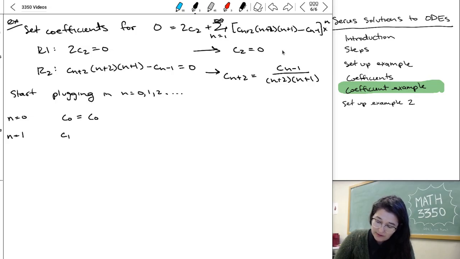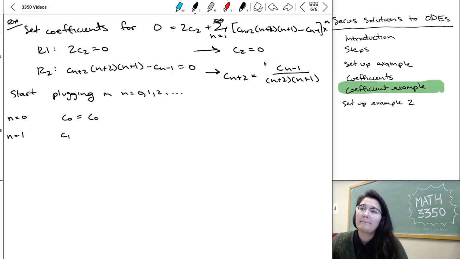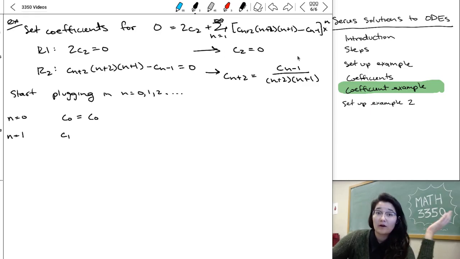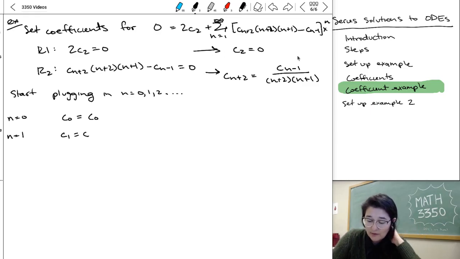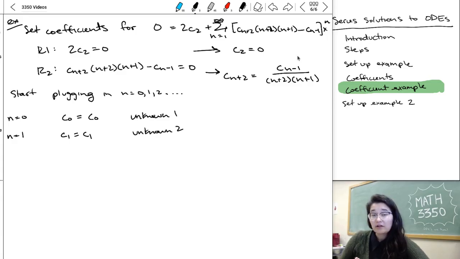I'm trying to find C1, but this one only tells me about C's that came 3 before me, and I don't have that many yet. And this one only tells me about C2. So again, I'm just going to say, okay, I guess C1 is C1. And this is my unknown constant 1 and my unknown constant 2. They're part of my general solution, and it's okay if they stick around as long as I don't have initial conditions to solve them.